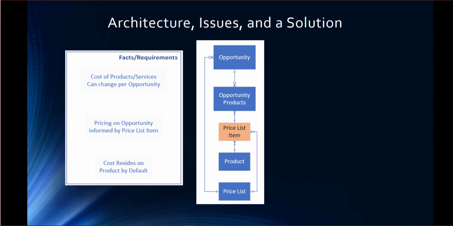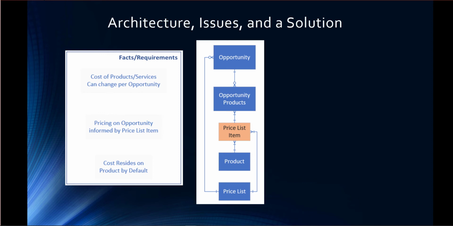So we can think about a few different ways to solve this. We could potentially think about, okay, let's try to leverage some of the cost fields on the product, and programmatically intervene so that those defaulted cost fields get pushed over to the price list item and then to the opportunity product.